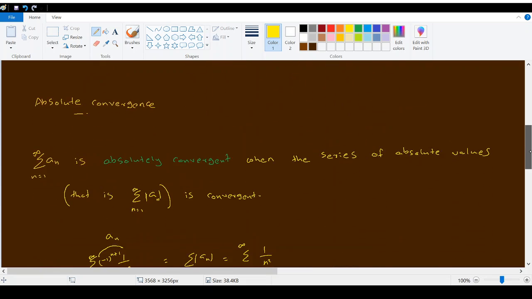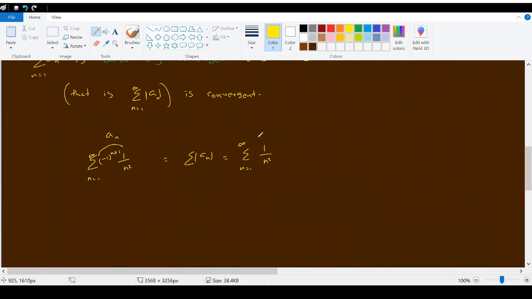From the p-series test, we can see that this series is a convergent series.